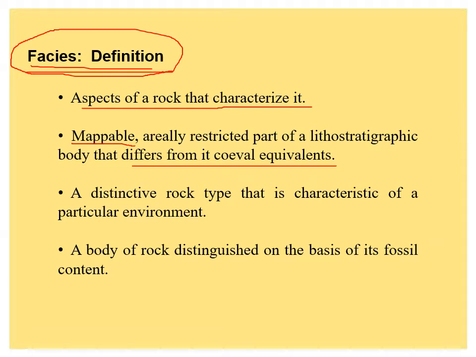They have some distinct rock types that are characteristic of a particular environment, a particular depositional condition. Along with the lithological units, they indicate a particular depositional condition, so they are also distinguished on the basis of fossil content.